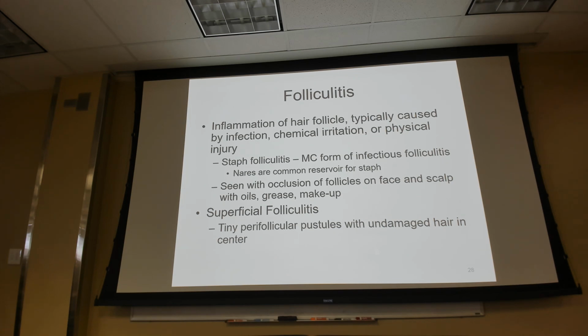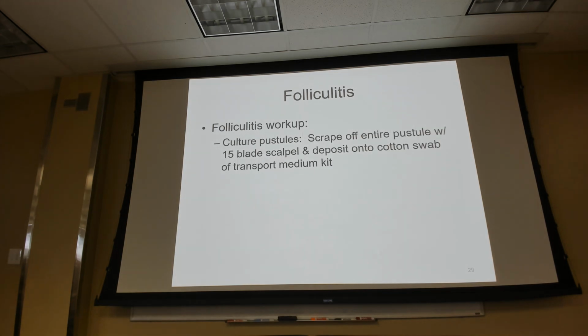That is when it is superficial, so it's not so much down into the scalp, but it's outside. As I talked about earlier with impetigo, there's the culture with the 15 blade to take those things out, put it onto the CTA, and then ship it out so that you can see what it is, because it could probably be staph.